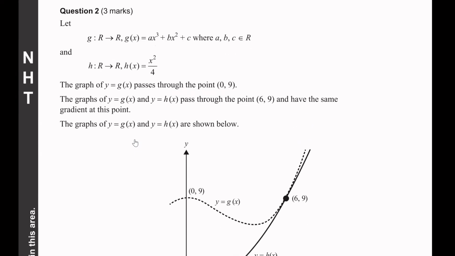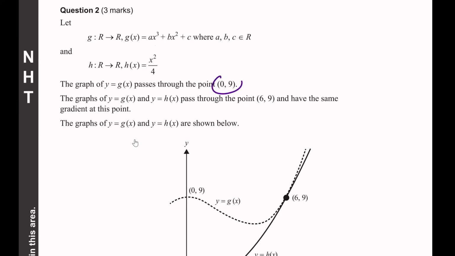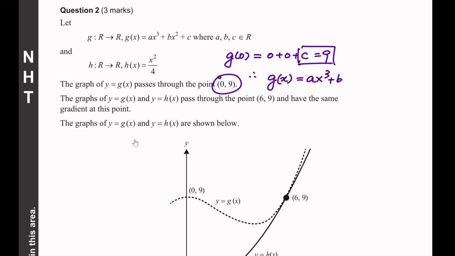So one thing is, if you use this condition, we say g of 0 equals 0 plus 0 plus c equals 9. Therefore, c equals 9 and g of x equals a x to the power 3 plus b x squared plus 9.